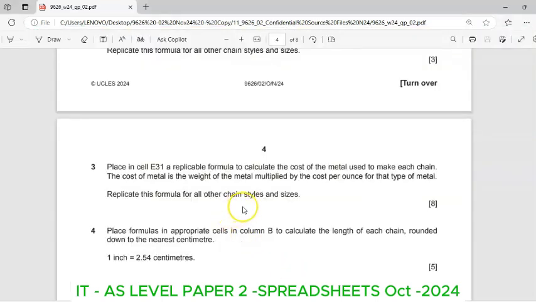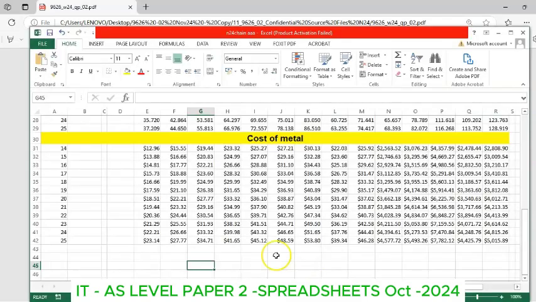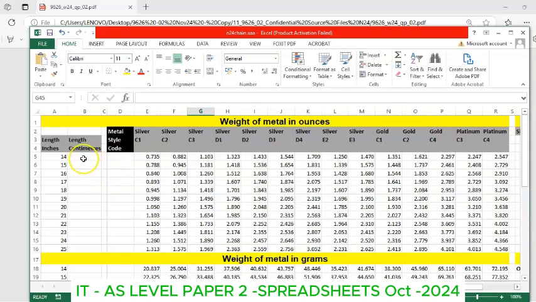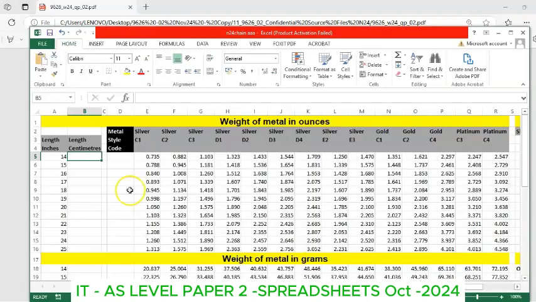So having done this, we are going on to the next calculation. Place formulas in appropriate cells in column B to calculate the length of each chain, rounded down to the nearest centimeter. So we have got the centimeters here, the inches there, and we are told that 1 inch is equal to 2.54.